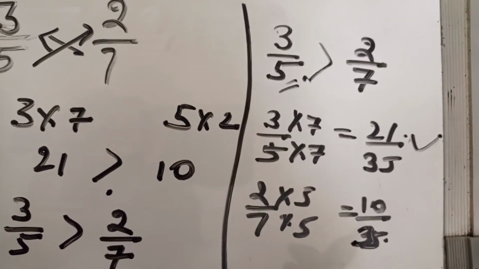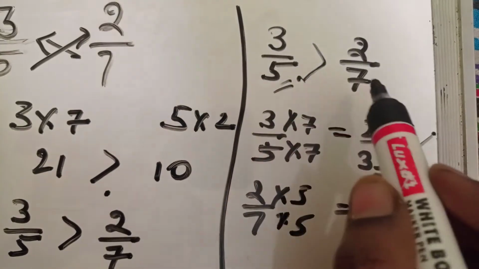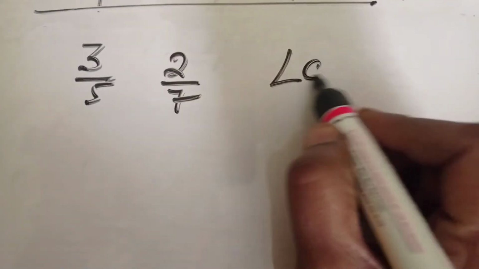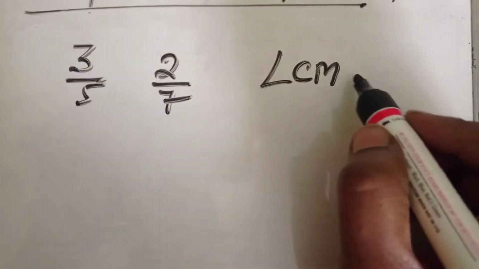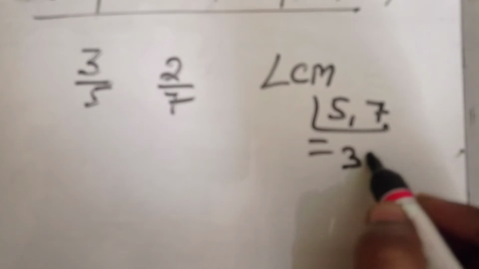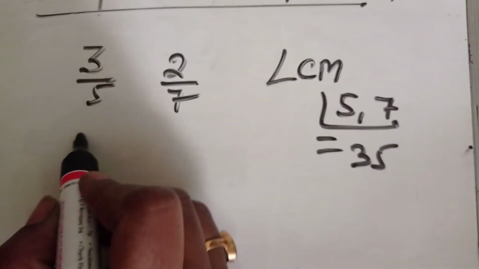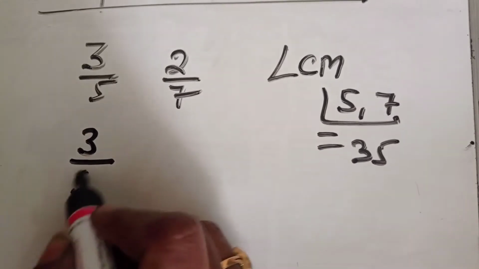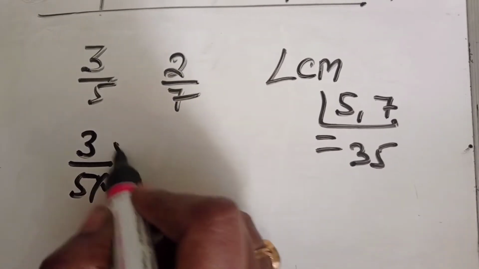And the third method is by taking the LCM of 5 and 7. By taking the LCM of the denominators 5 and 7, the LCM will be 35. So make the denominator 35.